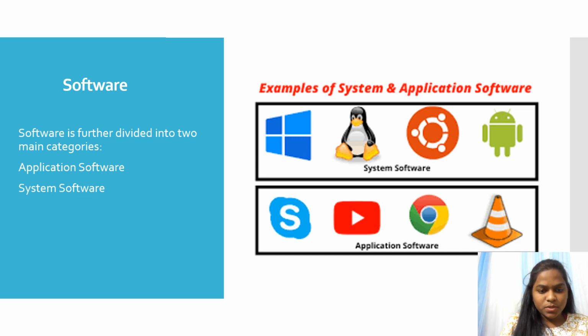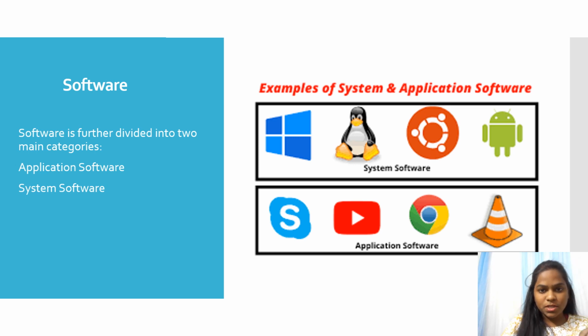This slide is about software. Software is divided into 2 main categories: application software and system software. Let me explain application software first. Application software is a type of software or program that is designed to complete a specific task. For example, Microsoft Word is application software, and it allows you to write a document.